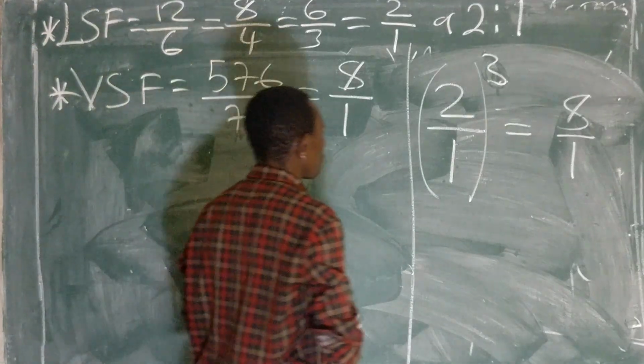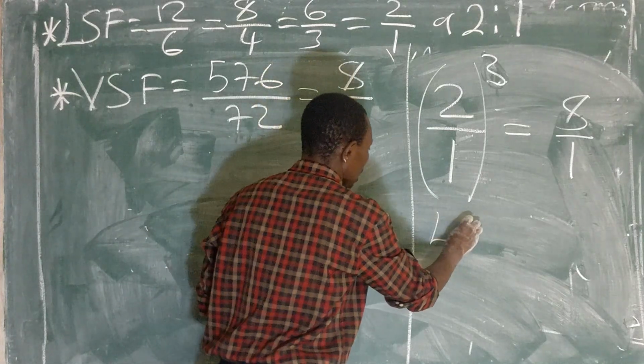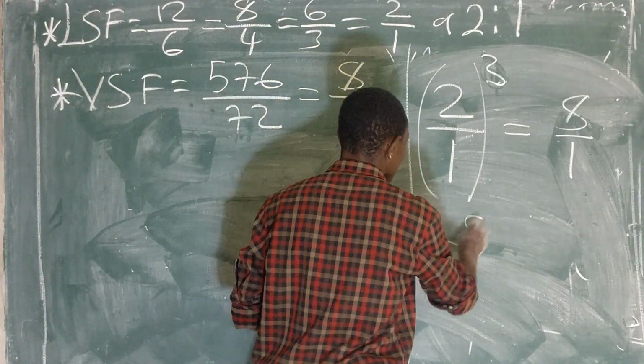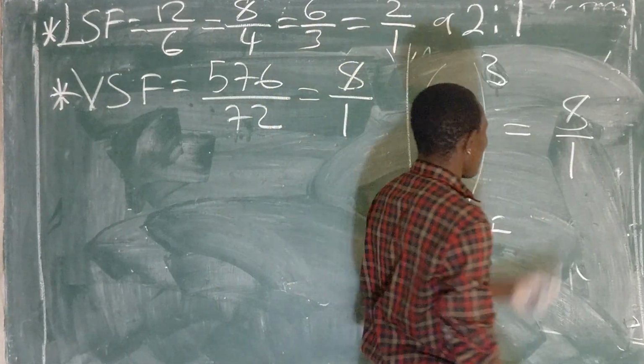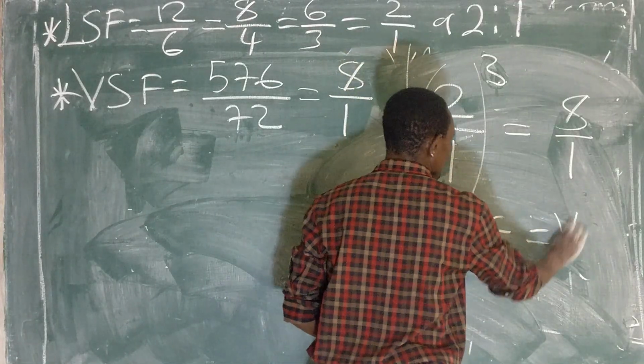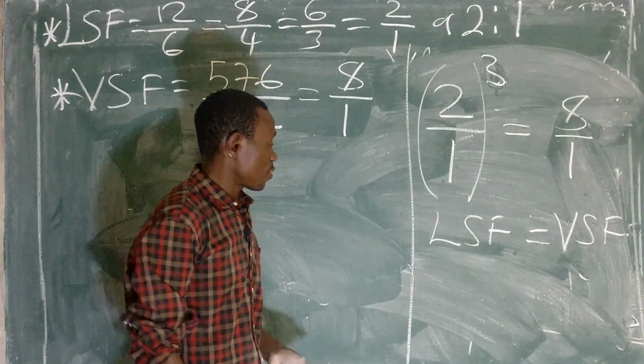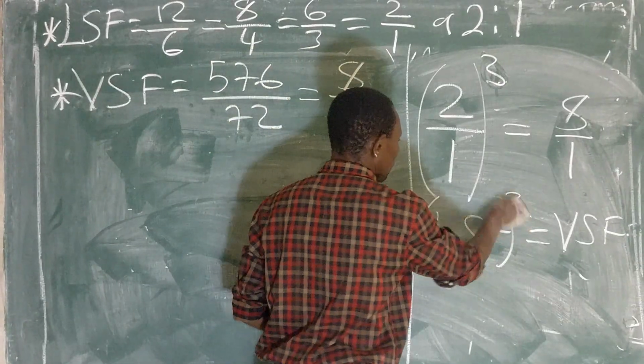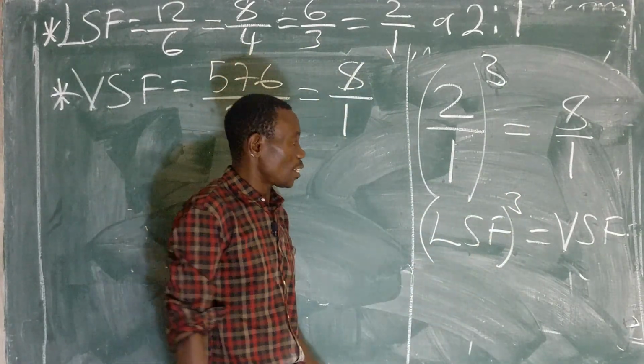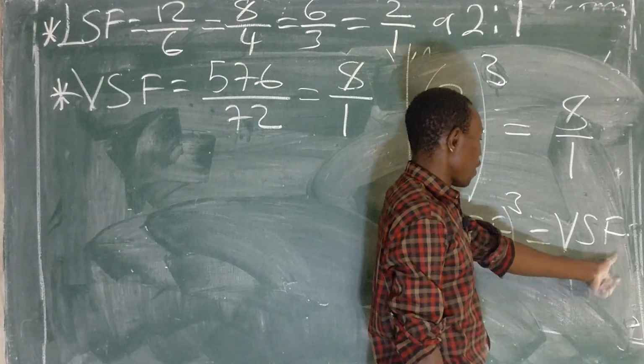Since the 2 to 1 is represented by L.S.F., the linear scale factor, and 8 to 1 is represented by V.S.F., the volume scale factor, the cube of the linear scale factor is equal to the volume scale factor.